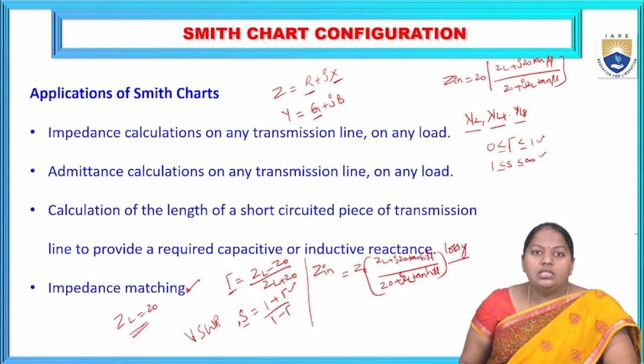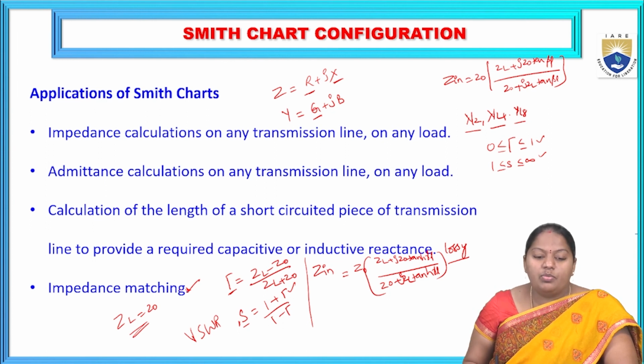We consider different types of wavelengths for calculation purposes also, for which we require Smith charts. Along with that, an important one is impedance matching. So why do we need impedance matching? To avoid reflections and to transfer the maximum amount of power from one point to another, we require impedance matching, right?